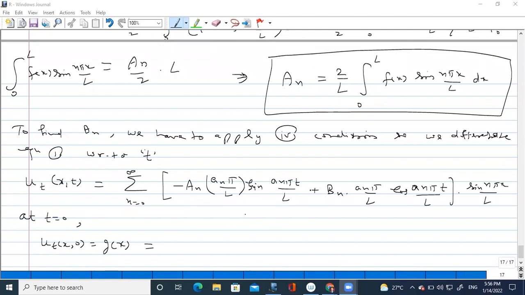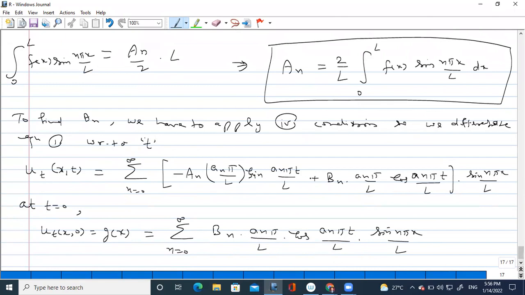Okay, so g(x) will be only Bn, summation n equal to 0 to infinity, Bn into An pi by L into cos An pi t by L into sine n pi x by L. So this will be the value of g(x). Now again, what is the trick?